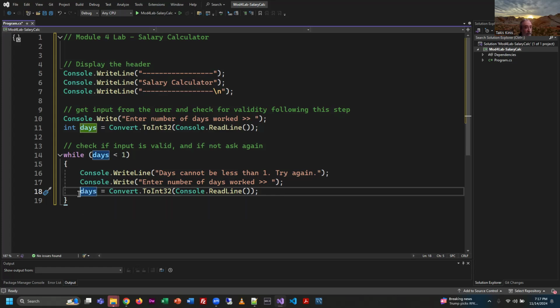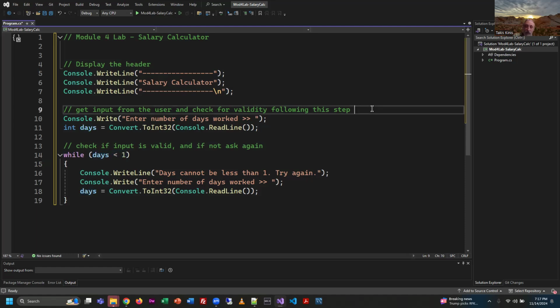We have to remove that int from in front of days, right? We'll just prompt them, convert it, store it. So this will get populated. It comes back up. It gets checked again. And if they finally do it right, then we move on. But they will get continuously prompted until they enter it correctly.